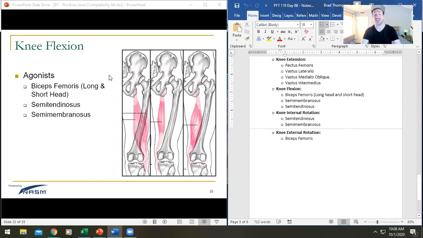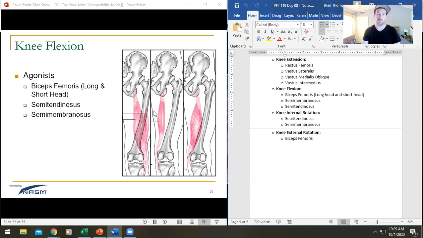Then you get your knee flexion. These are your hamstring muscles, right? Like I said, there are technically 3, but you have to memorize 4 things. So you get your biceps femoris. Here's the long head. It's the longer of the 2, right? It runs from the hip onto the fibula there. And then your short head starts on the femur and runs to your fibula.